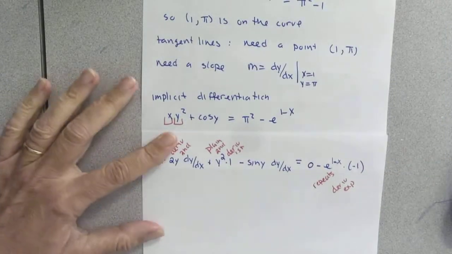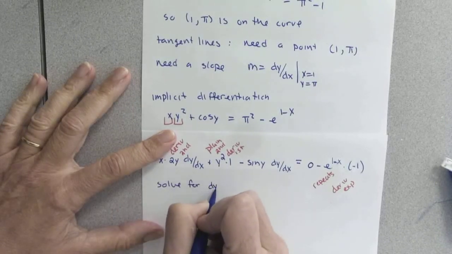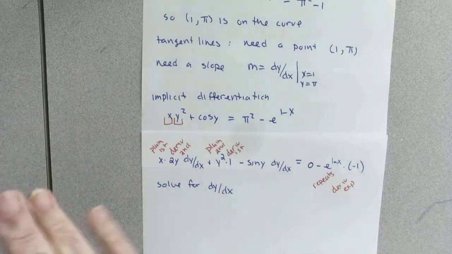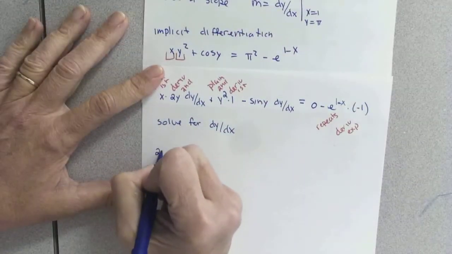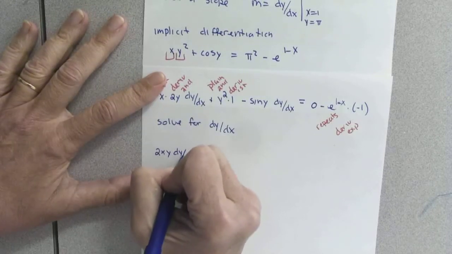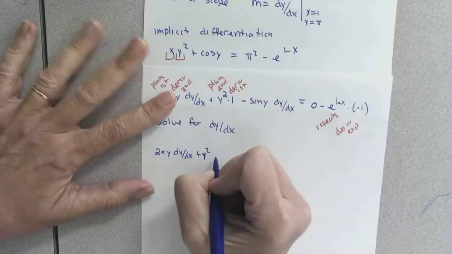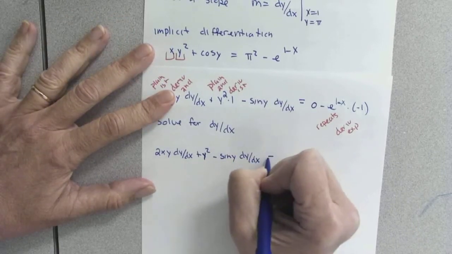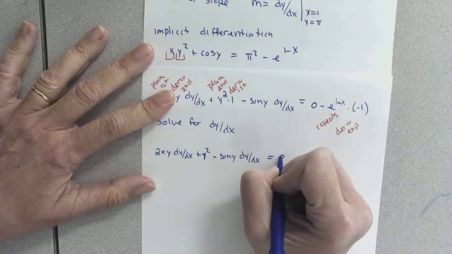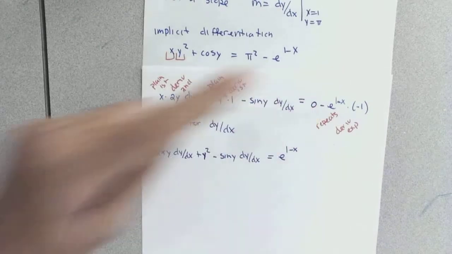And so now we're going to solve for dy dx. Let me clean that up a little bit: 2xy dy dx plus y squared minus sine y dy dx equals e to the 1 minus x. The 0, we don't need it. The 2 negatives are going to make that positive.